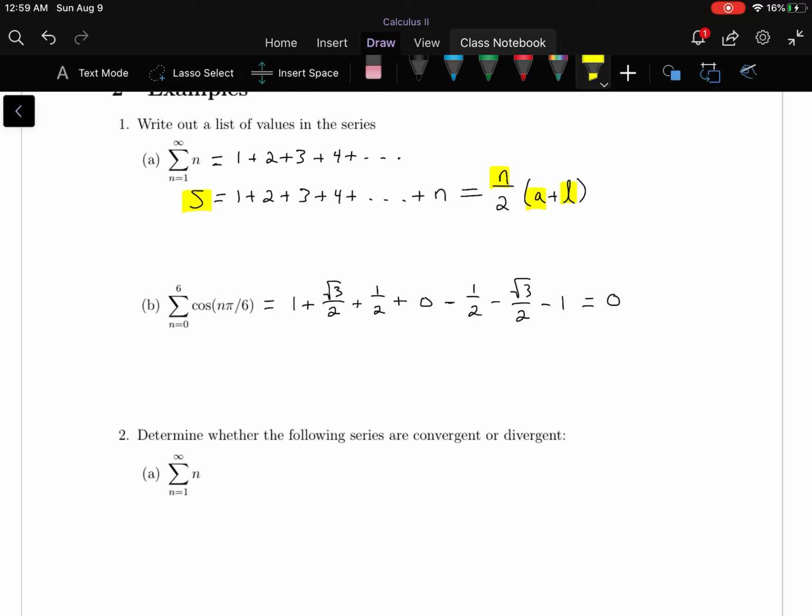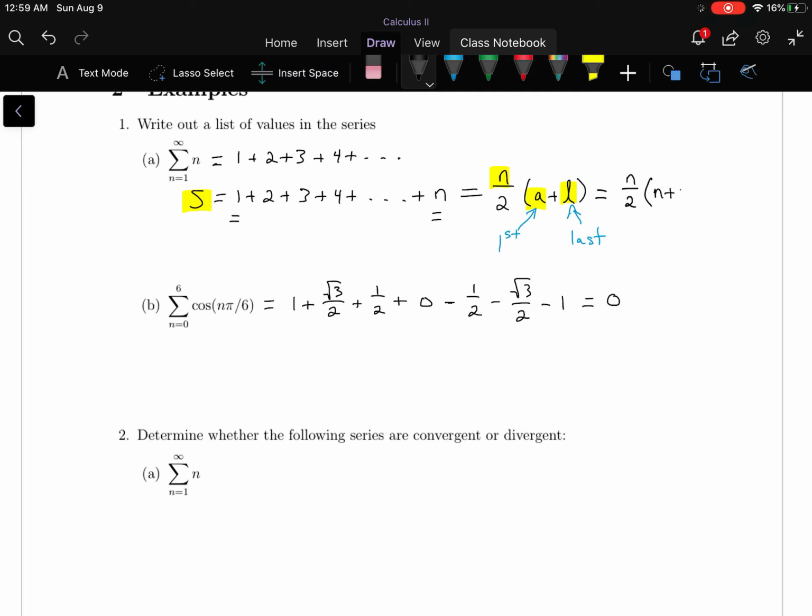But obviously, if you think that's corny or funny, it'll probably make it easier for you to remember it. The blind snail formula is used for a sum like this, where a corresponds to the first term in the sequence, and l will be your last term. In particular for us, we have n over 2, and the first term is 1, and the last term is n.